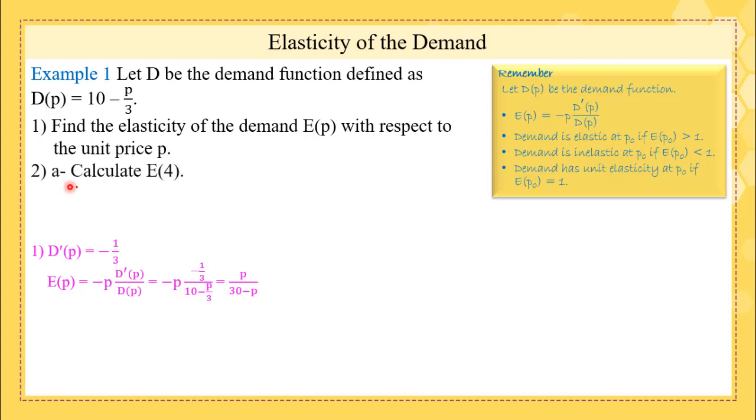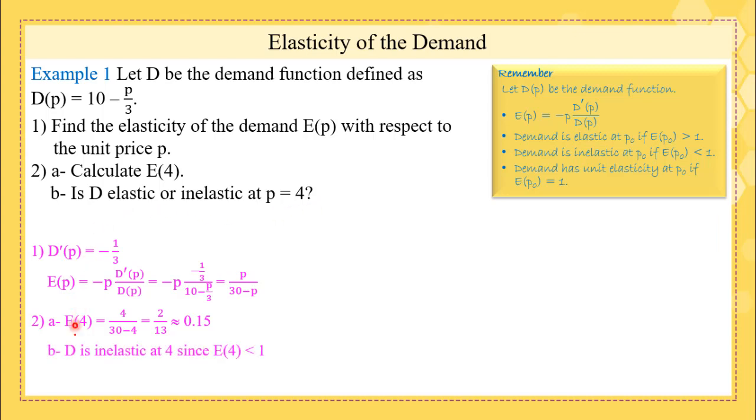2. Part A. Calculate E of 4. In order to calculate E of 4, we just replace P by 4 in the expression of the elasticity of the demand E of P, and we get E of 4 equal to 4 over 13, which is approximately equal to 0.15. Part B. Is D elastic or inelastic at P equal 4?